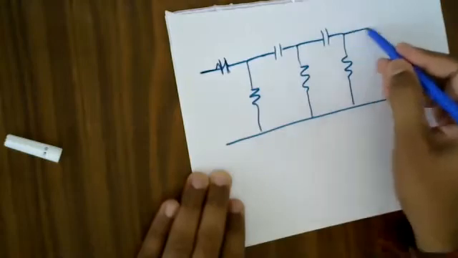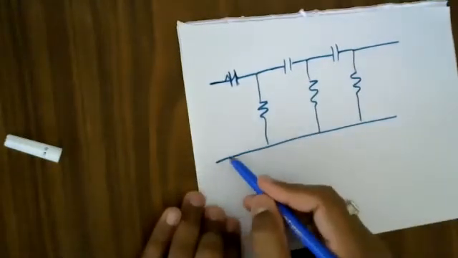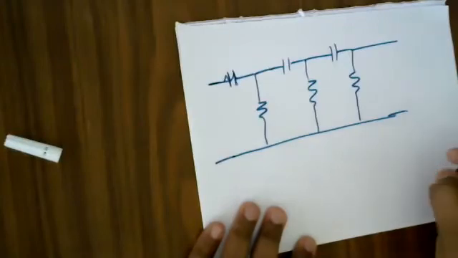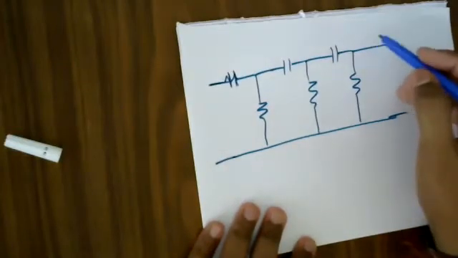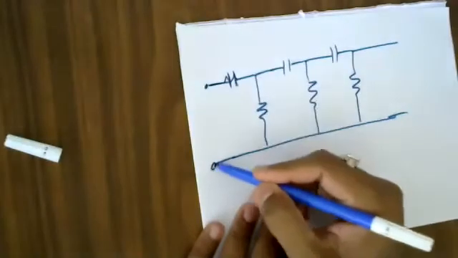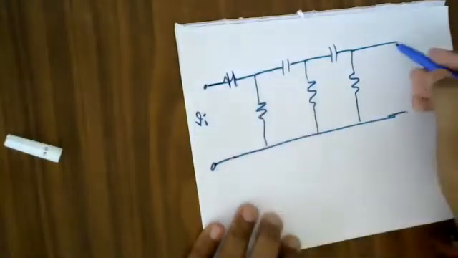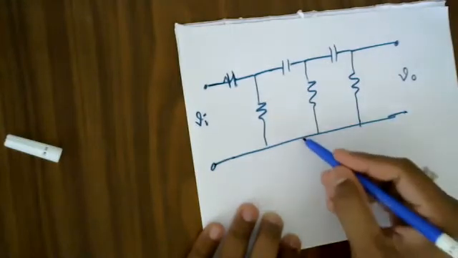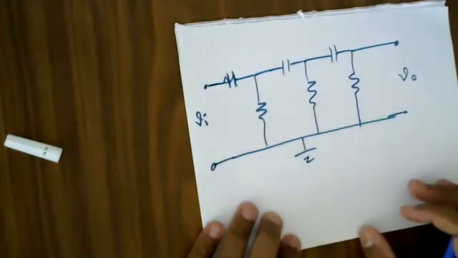Okay, so this is my network. So at this junction I am showing my input voltage, and at this junction I'm showing the output.